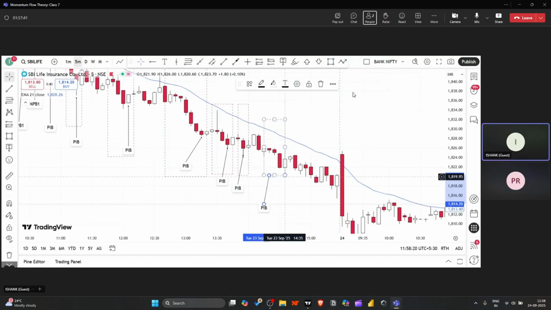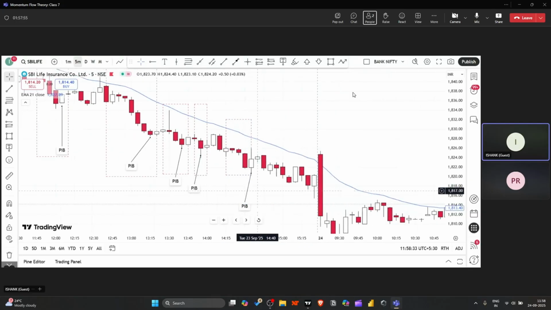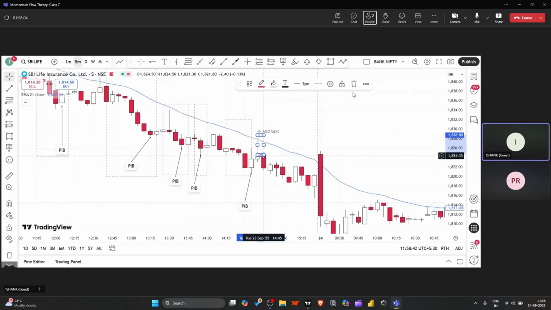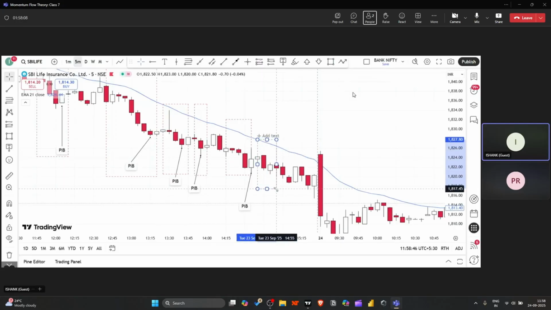That bull reversal bar broke out below the low, I guess. Next. Yeah, that is exactly correct. Now again a PIB.